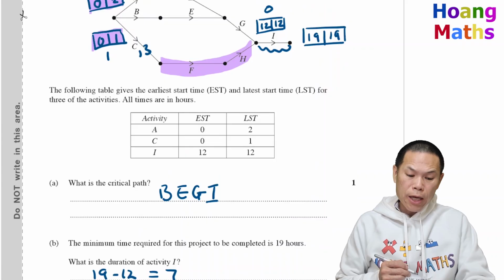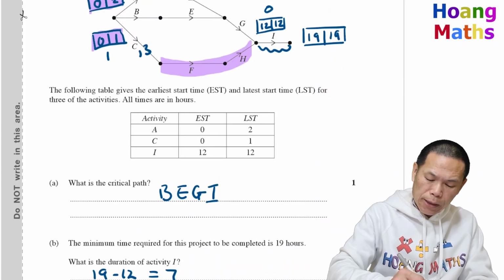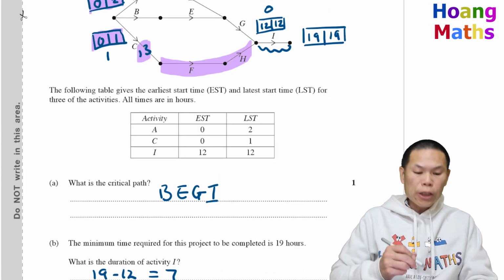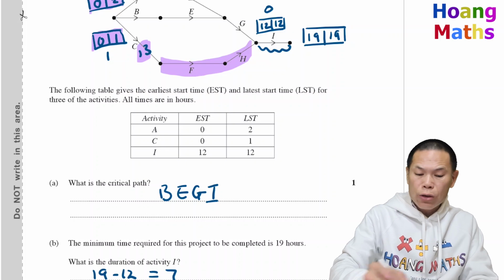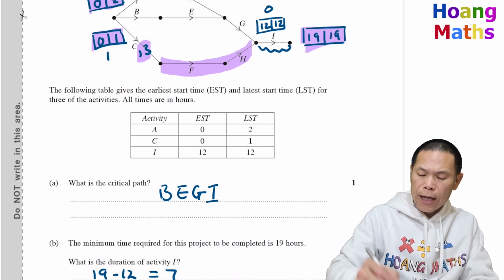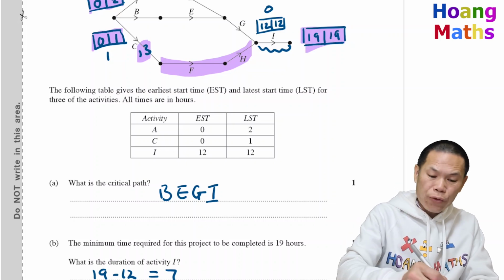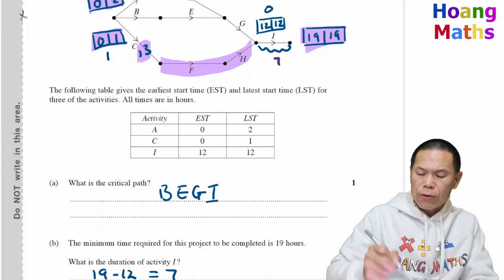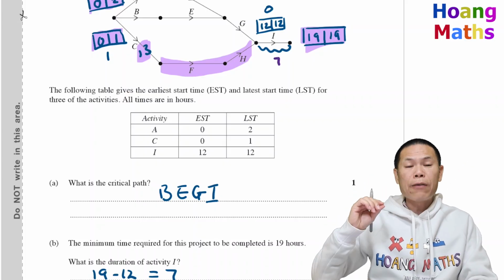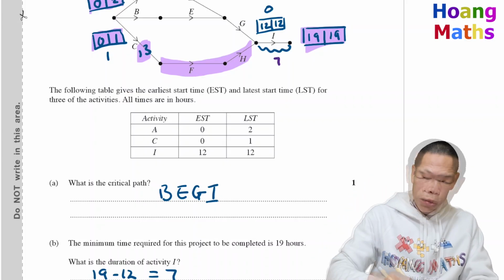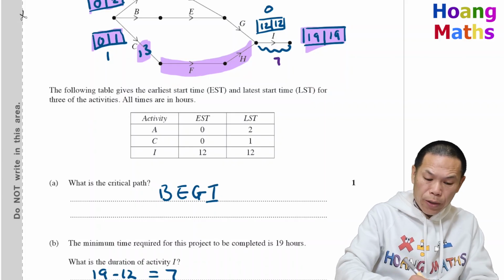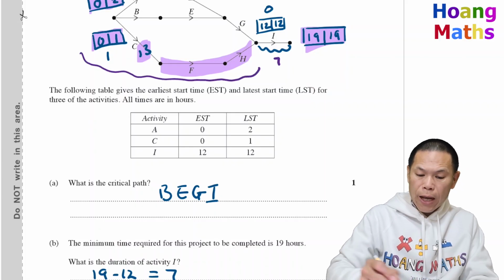Keep that in mind. And this is 3 hours. So this means that we have 19 to complete the task, 19 hours. So if we have 19 and this is 7 hours already, so 19 minus 7 gives me 12. So 12 hours is between C, F, and H.